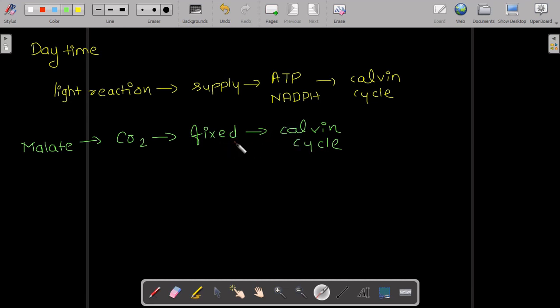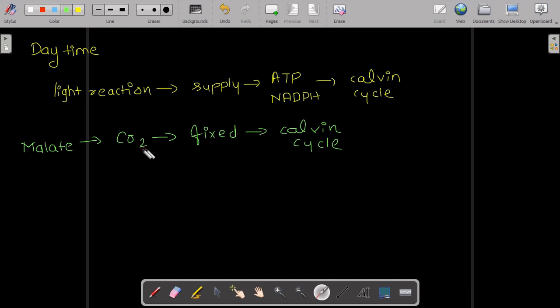Usually plants take carbon dioxide from the atmosphere for the Calvin cycle, but in the CAM pathway the carbon dioxide is taken up at night and stored in the form of malate, and during daytime when the ATP and NADPH are available for the Calvin cycle, that malate gives carbon dioxide, and that is how, by utilizing ATP, NADPH and carbon dioxide, the Calvin cycle produces the carbohydrate.